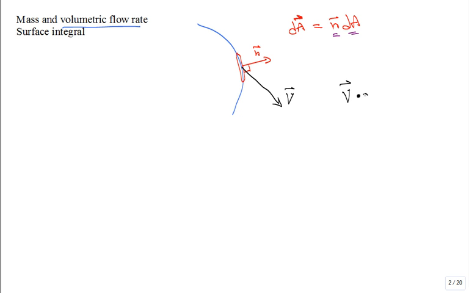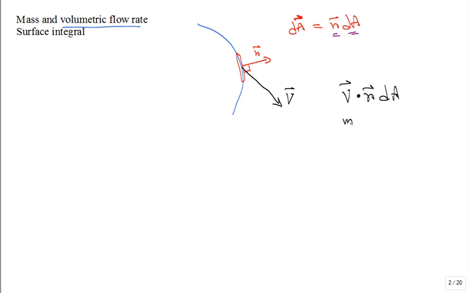V dot n dA. It's a dot of two vectors, the velocity vector at that opening of the fluid that's trying to get through it, times the outward directed normal vector for that surface, for that opening, times the size of that opening. True?